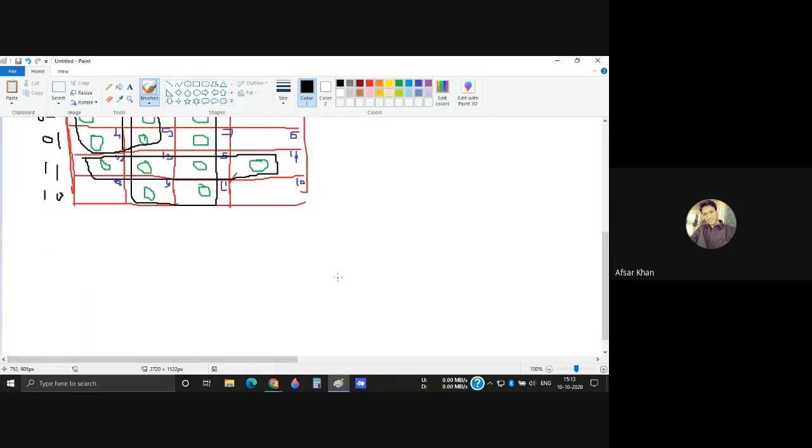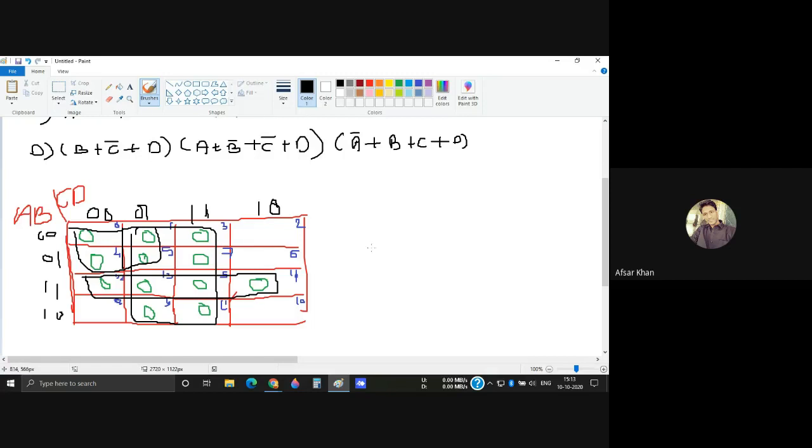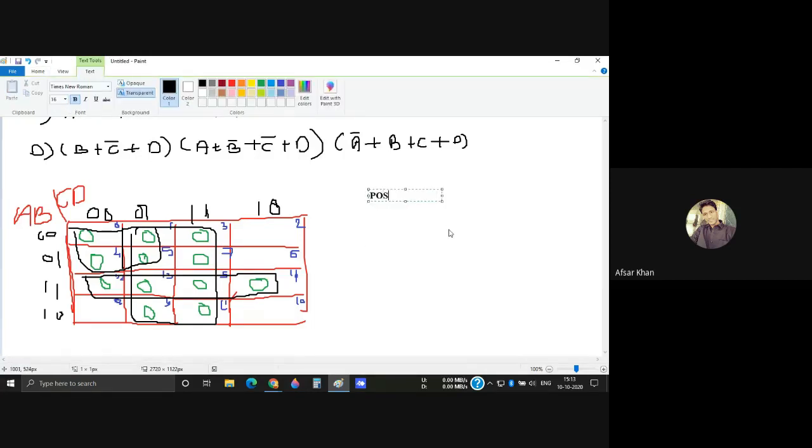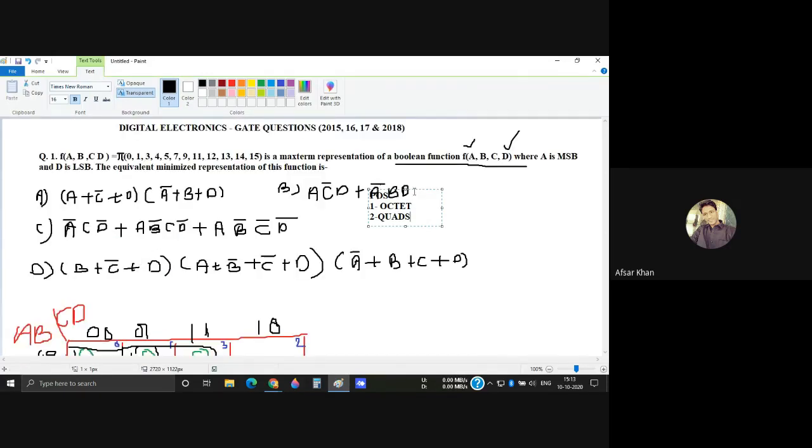So if you look here, in POS form we have formed one octet and two quads.